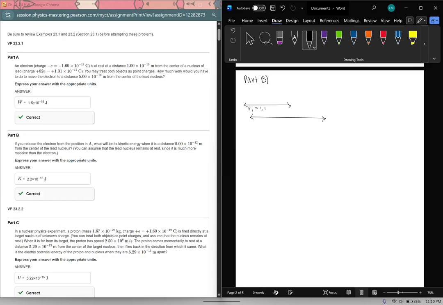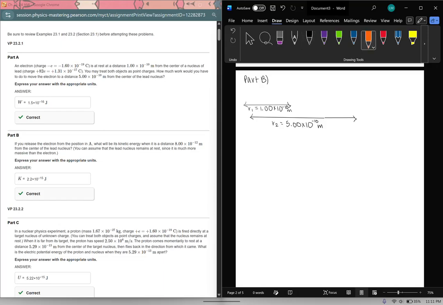R1 in the beginning was this, and the R2 distance, the final distance, was the same. We're copying basically whatever we drew in the diagram of part A. My diagram is not too perfect, but I'll try to make it longer.